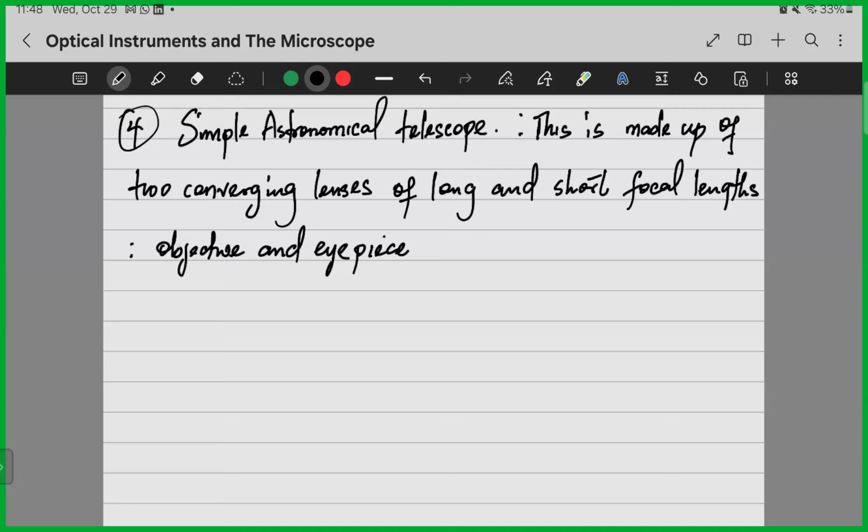Let's quickly talk about the next optical instrument. We stopped at number 5, so this is going to number 6. That is the Galilean telescope. It is also called opera glass.